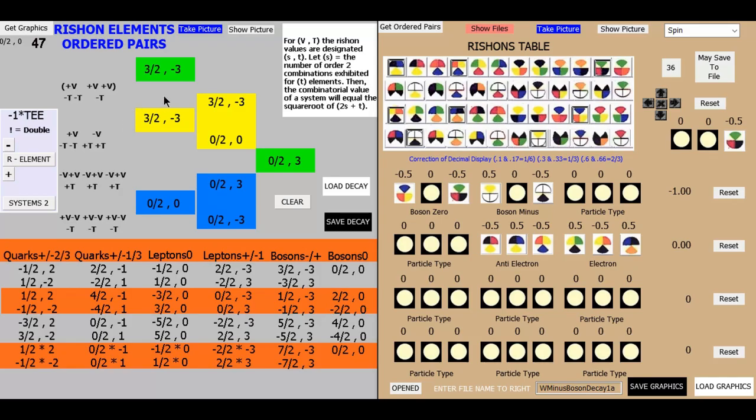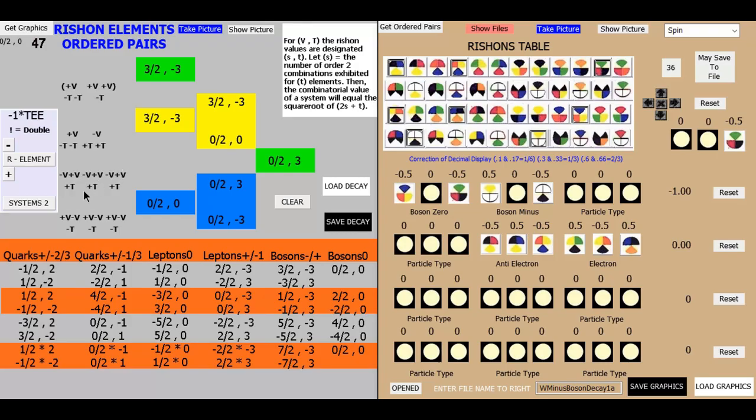That V and anti-V pair provide the -1 spin to the vector W boson. So together, that vector boson 0 and the scalar boson minus compose the vector W boson.